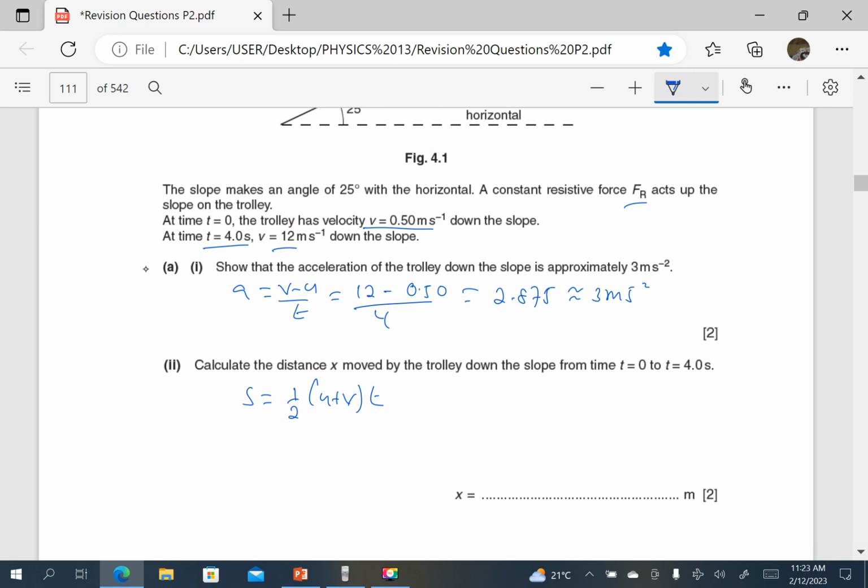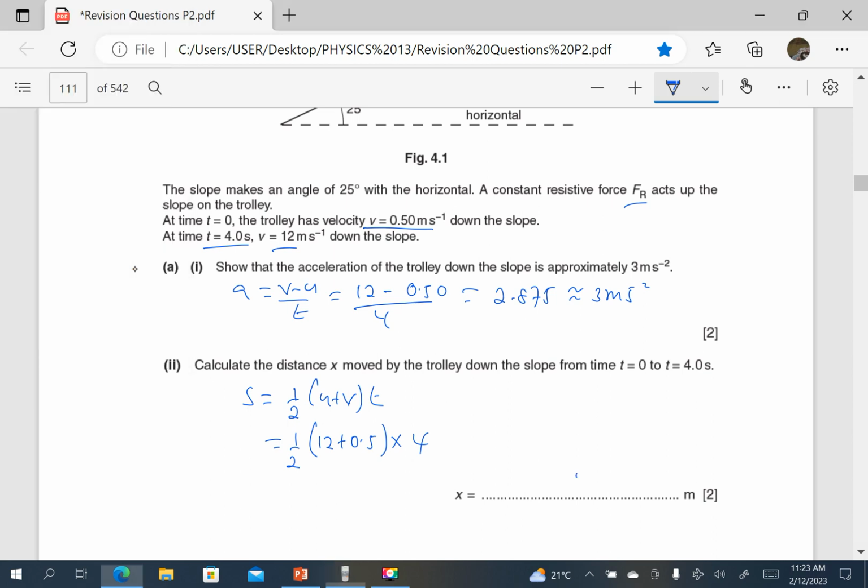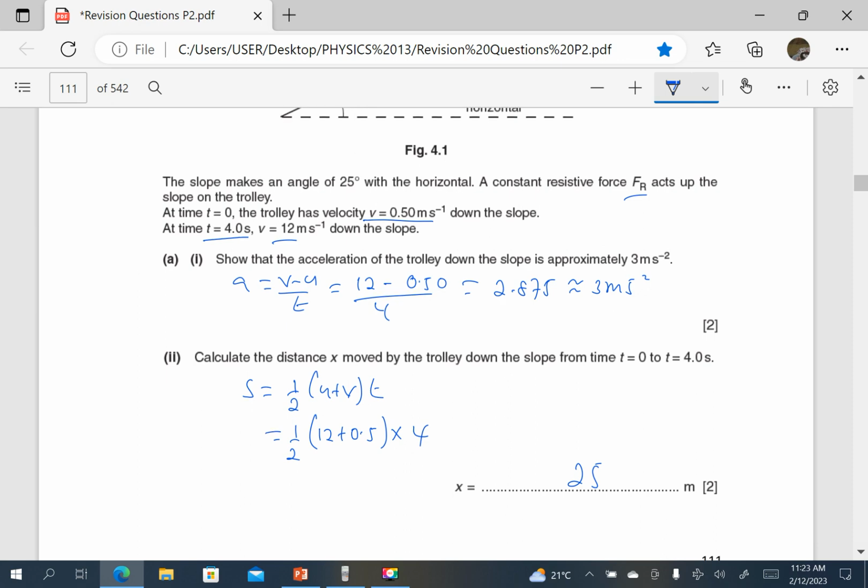There's a constant resistive force Fr. So this is going to be a half into 12 plus 0.5, then times the time, which is from 0 to 4, so the time is 4. So that is 12 plus 0.5 divided by 2 times 4, which is 25. So x is 25 meters.